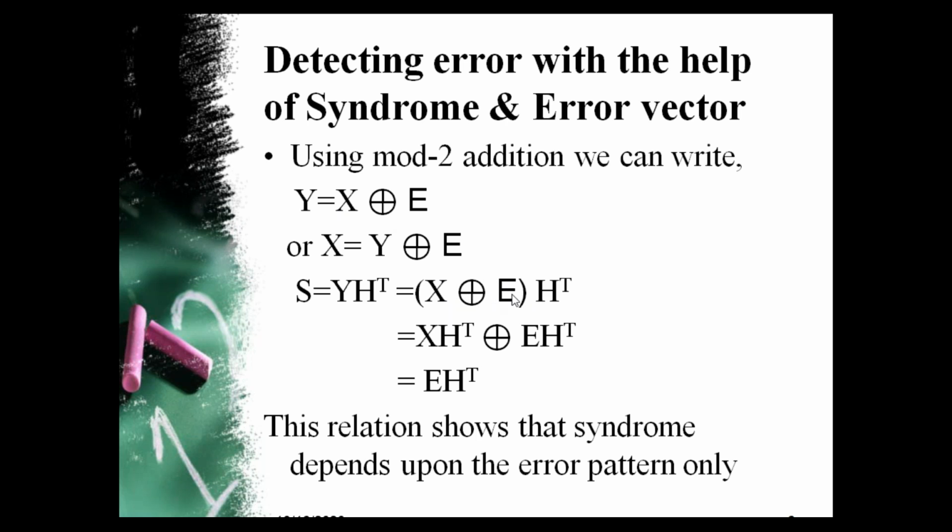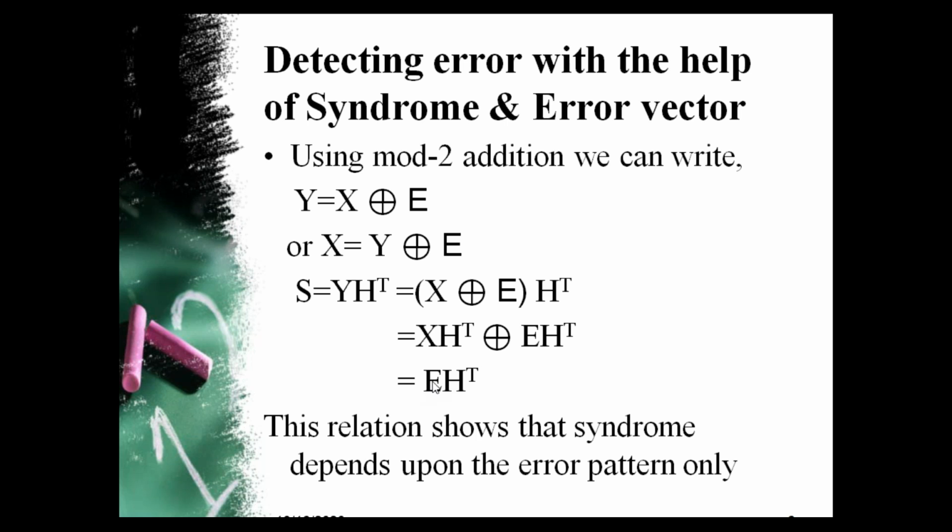For x plus e into H transpose, expanding, x into H transpose plus e into H transpose, we get e into H transpose. Therefore we can see, from the property of this linear block code, that the syndrome vector is equal to e into H transpose. Here e represents the error vector.